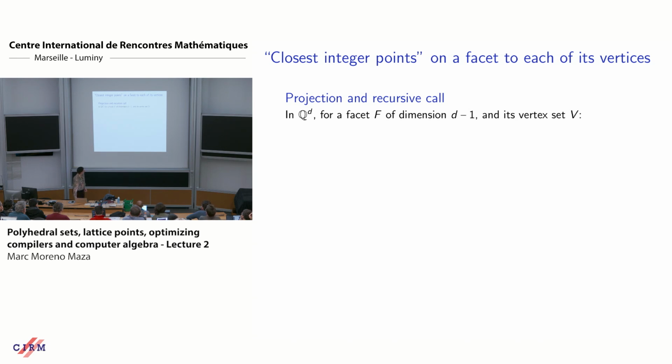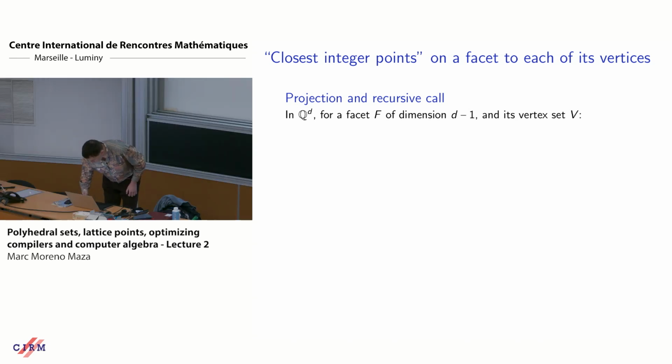Yeah, maybe I have time for that. So one interesting thing about the algorithm is, when we construct this partition, we have to solve the problem of finding the closest integer point to a given vertex on a given facet.